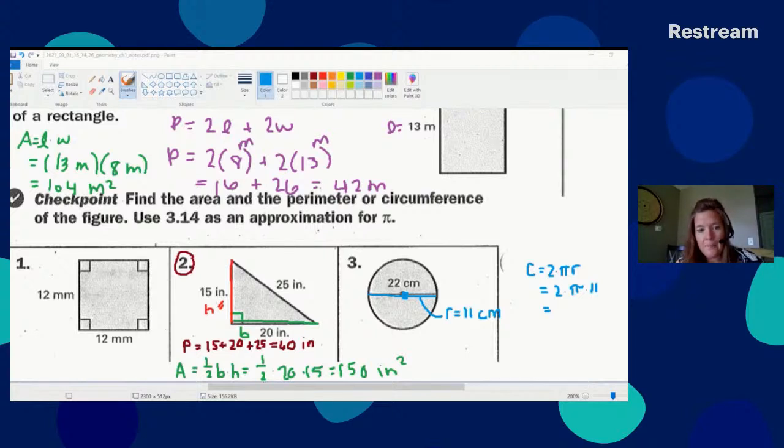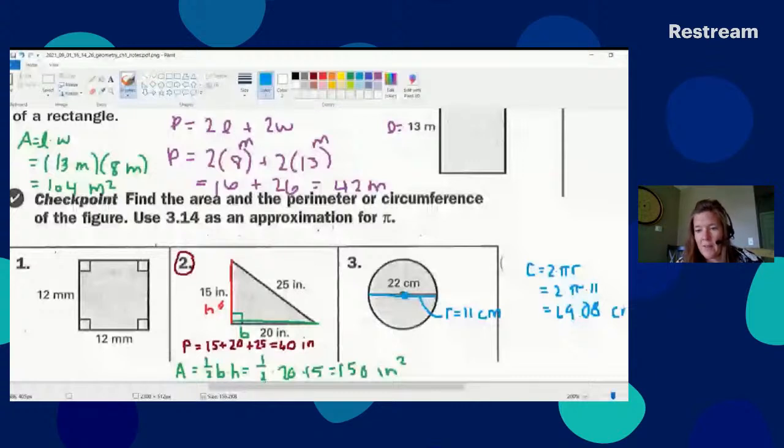So it's going to be 2 times 11 times 3.14, and we get 69.08. Okay, is this centimeters or centimeters squared? It's just centimeters because the only thing that has a unit of centimeters is 11. So that's the only thing that's influencing that, right?